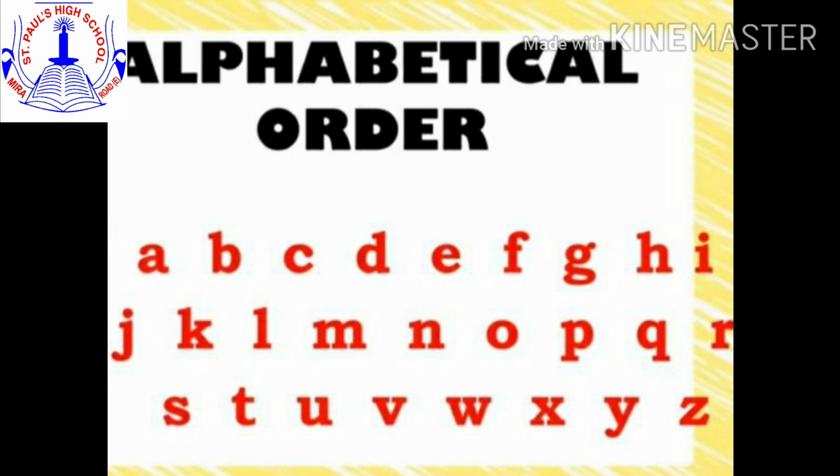All the 26 letters of the alphabets are arranged in this particular order. This is called alphabetical order, or we also call it ABC order. In today's class, you will learn how to arrange letters and words in alphabetical order.